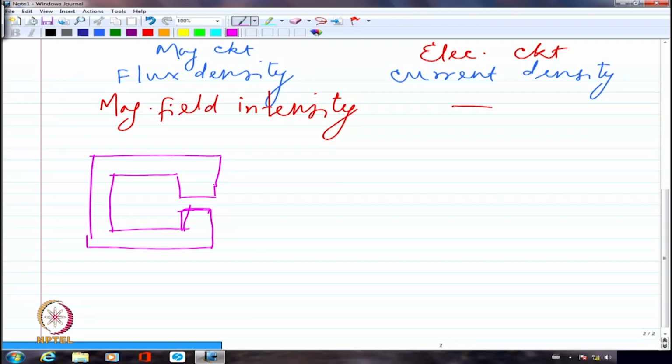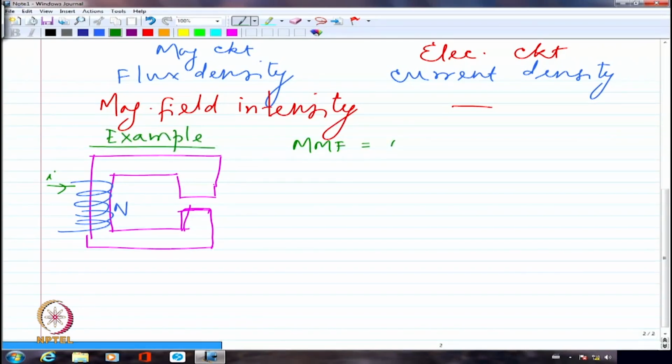Let's say I have some coil wound around here with N turns, and an electric current I flowing through it. In this example, MMF will be N times I.